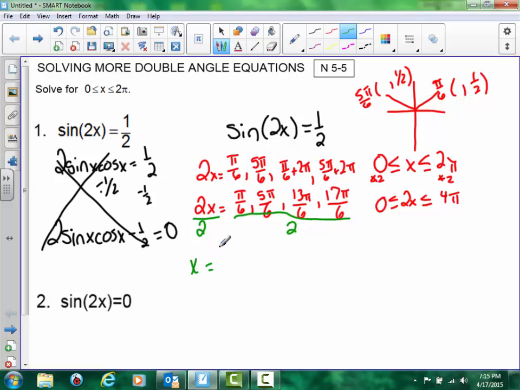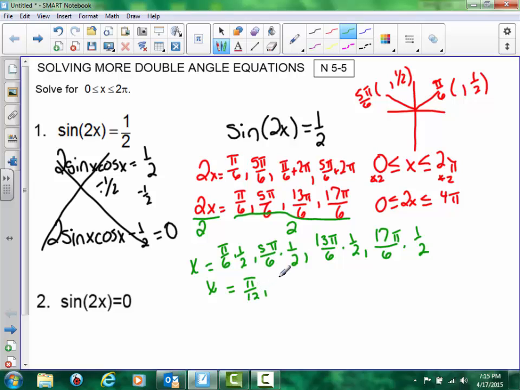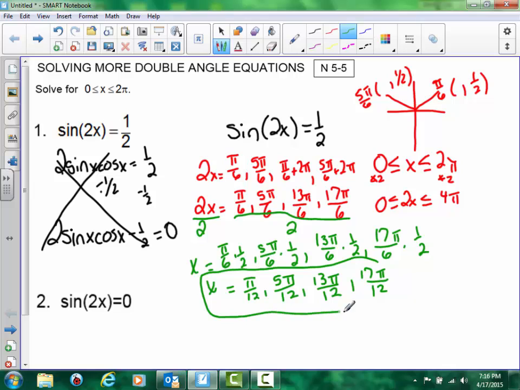So x would equal pi over 6 times 1/2, 5 pi over 6 times 1/2, 13 pi over 6 times 1/2, and 17 pi over 6 times 1/2, which simplifies to pi over 12, 5 pi over 12, 13 pi over 12, and 17 pi over 12. And those are all in our range of 0 to 2 pi. Excuse me, our domain.